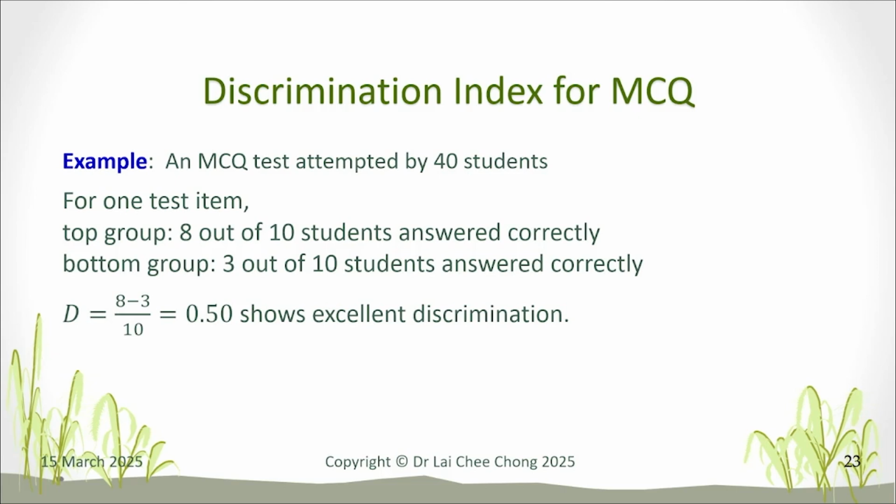So it's easy to calculate. You can see the difference, right? This is the total number of students who got it right, minus the total number of students who got it right for the bottom group, divided by 10. And that's how you get it. Be careful. The 10 is only referring to this 10 here, not all the students, only for this 10. Yeah, it's the size of the top group or the size of the bottom group.